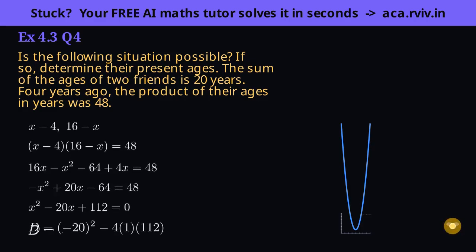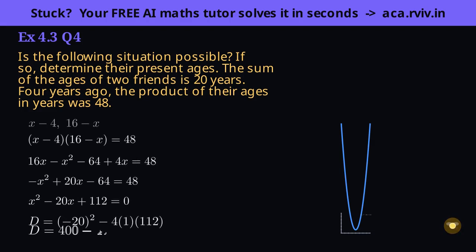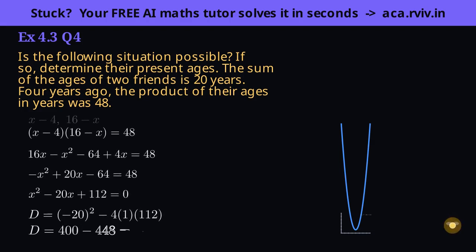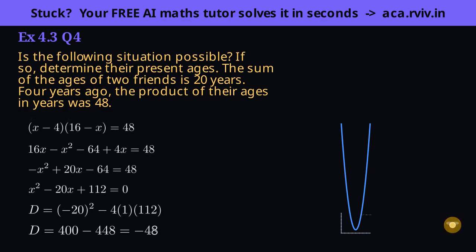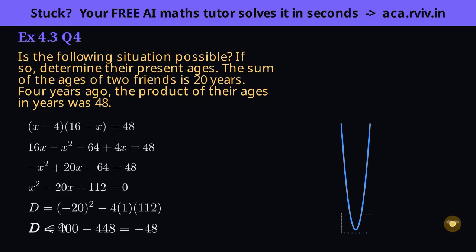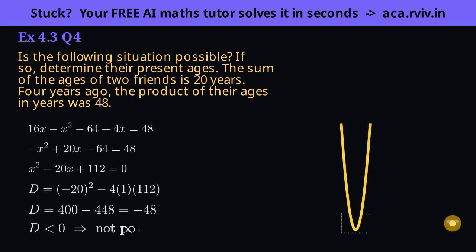Minus 20 squared is 400, and 4 times 112 is 448. So D is 400 minus 448, which is minus 48. The discriminant is negative, meaning no real value of x fits, so no such pair of real edges can exist.